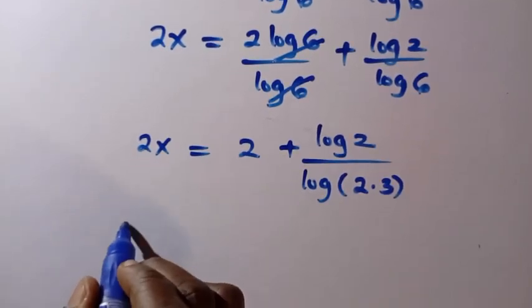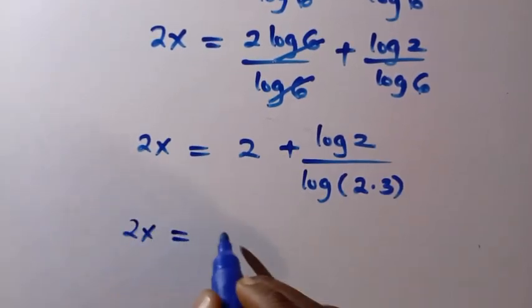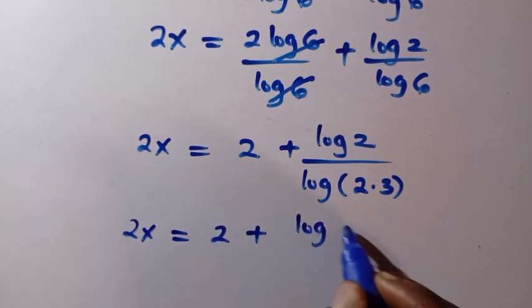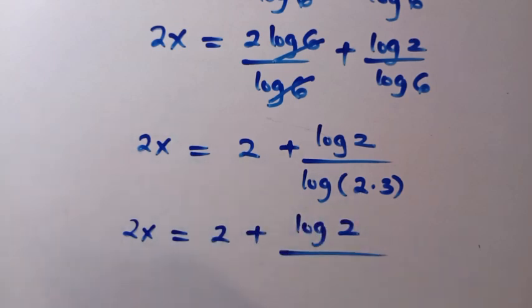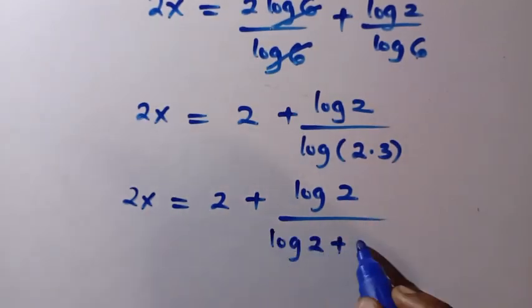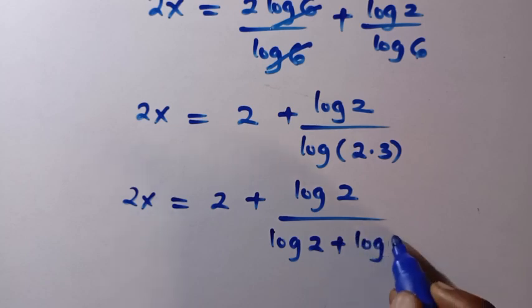So then we have 2x equals 2 plus log 2 divided by log of 2 multiplied by 3, which equals log 2 plus log 3.